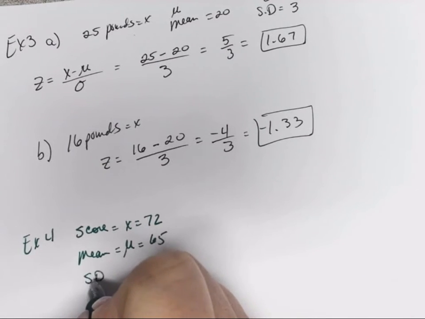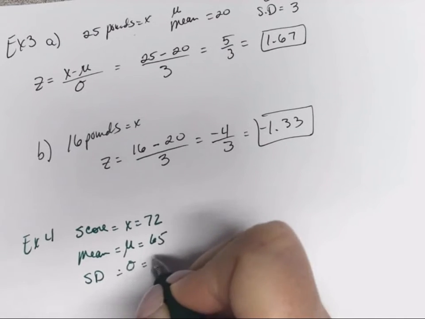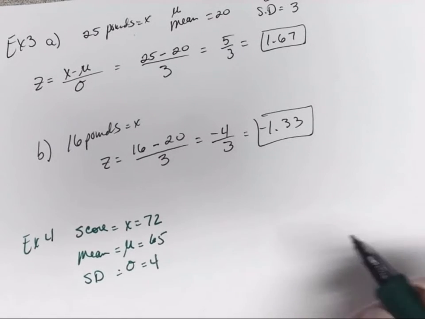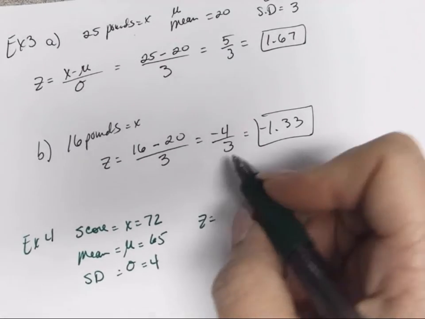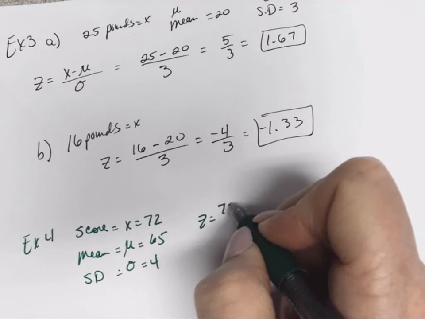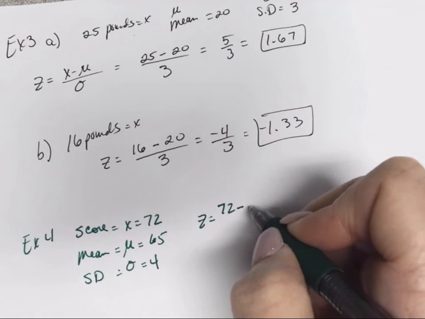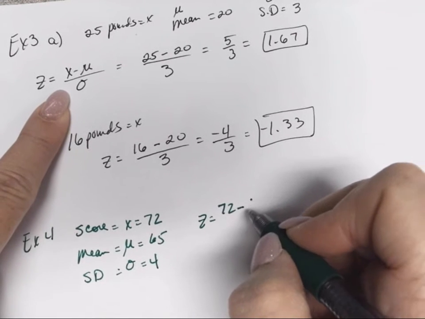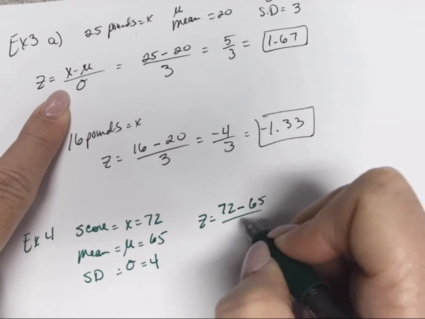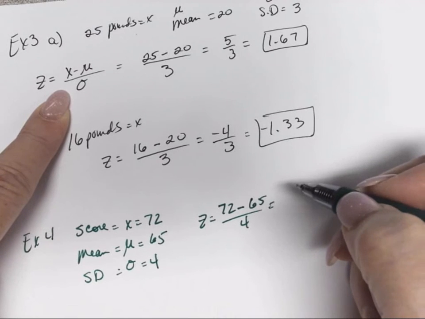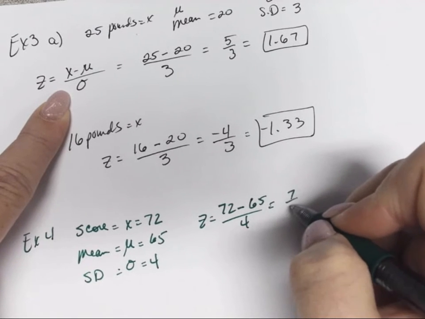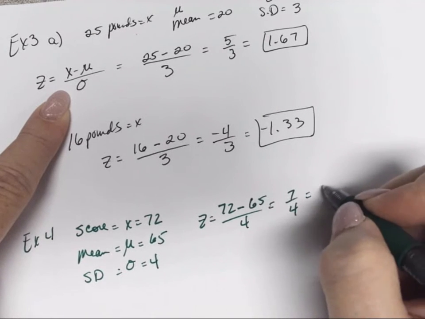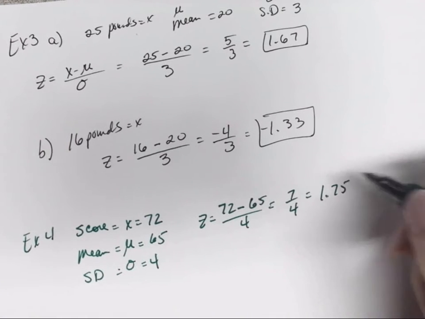And the standard deviation, which is our sigma, is equal to 4. So our z-score would be our x minus our mu. So we've got our formula right here, minus our mu of 65 divided by 4. Well, 72 minus 65 would be 7. Divided by 4 gets us 1.75.